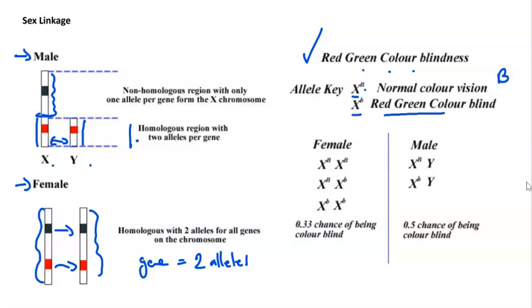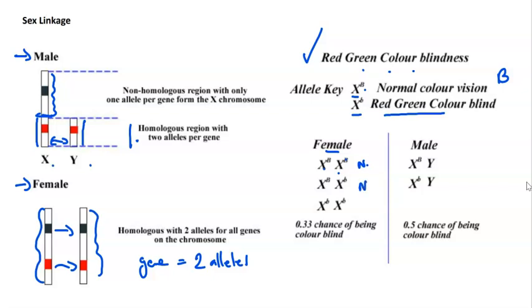Therefore, the potential female genotypes are X big B, X big B. This person would have normal vision. There is a heterozygote, X big B, X little b, and because B is dominant to little b, this person would have normal vision.